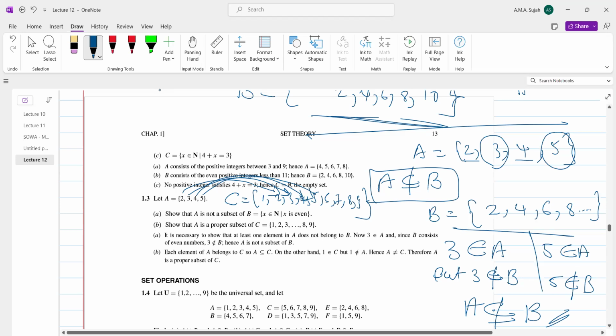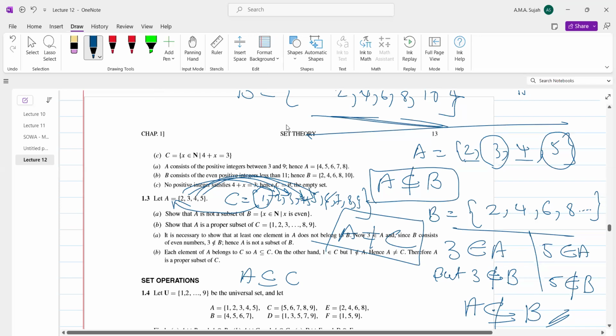So we can say A is a subset of C. But you can see here there are some elements, like 1, that are not in A. Similarly, the remaining elements are not in A. So we can say A is not equal to C. Proper subset means not equal, so then we can say A is a proper subset of C.